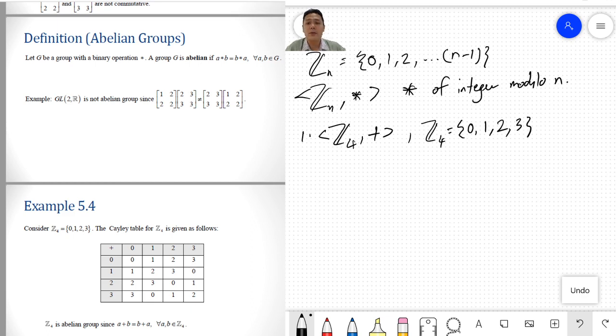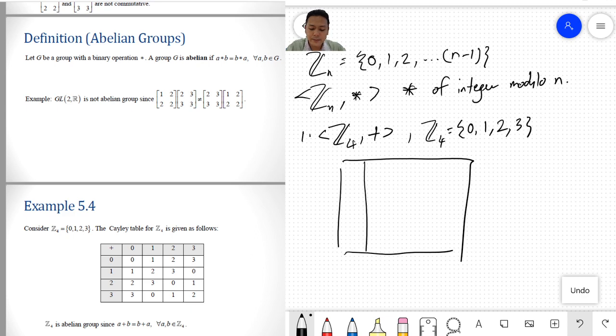In order to represent the binary operation, we usually use a Cayley table. The elements are 0, 1, 2, 3 along the top and 0, 1, 2, 3 down the side. You do the operation by adding and then taking modulo 4.